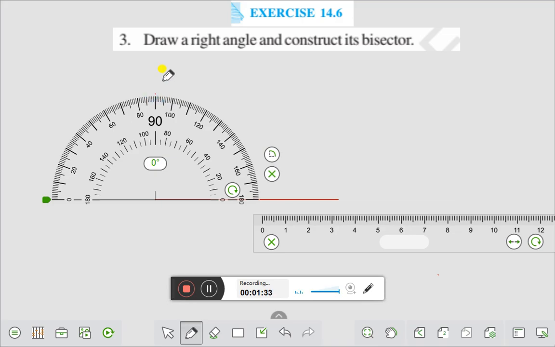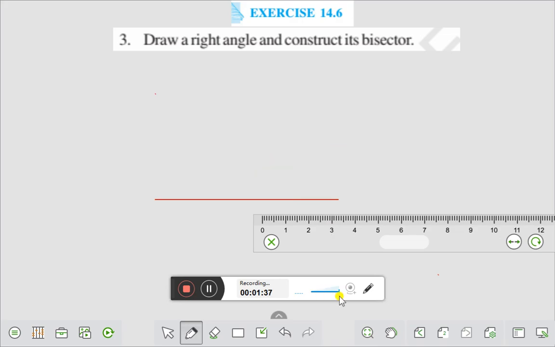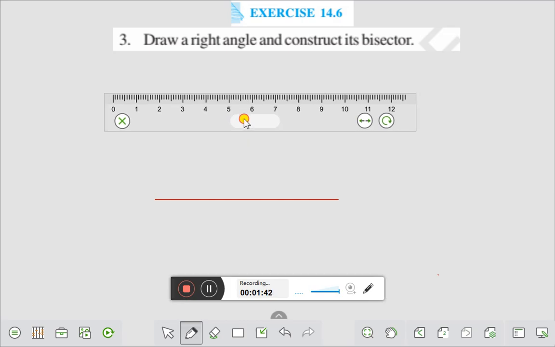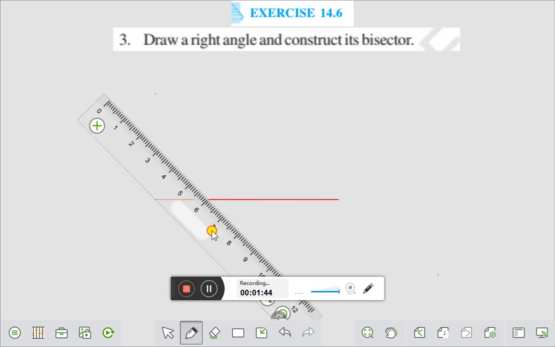Now with the help of a scale we draw this line.